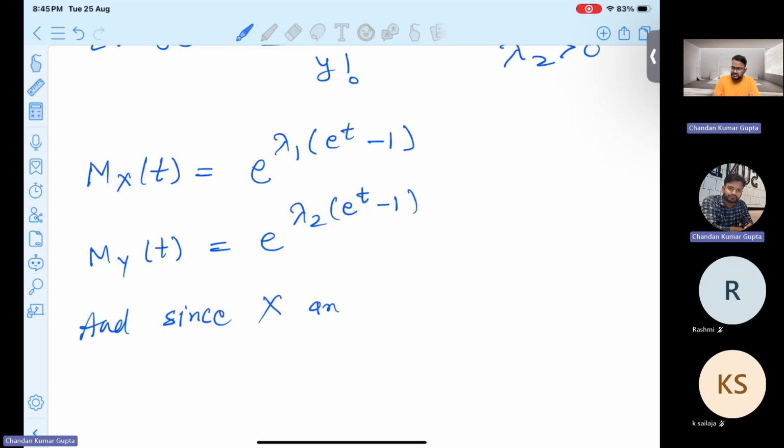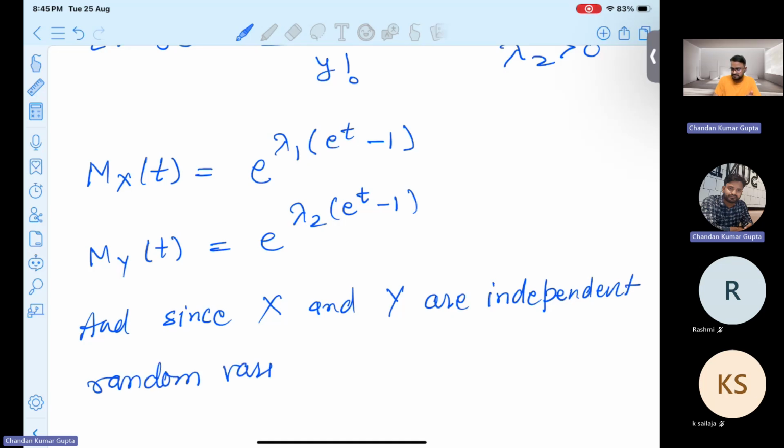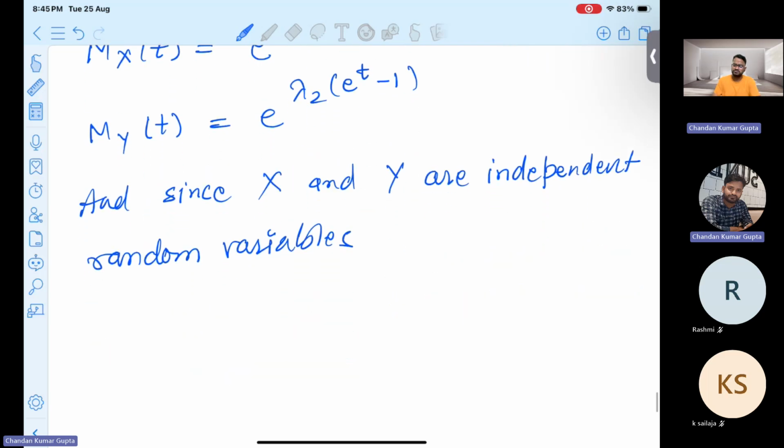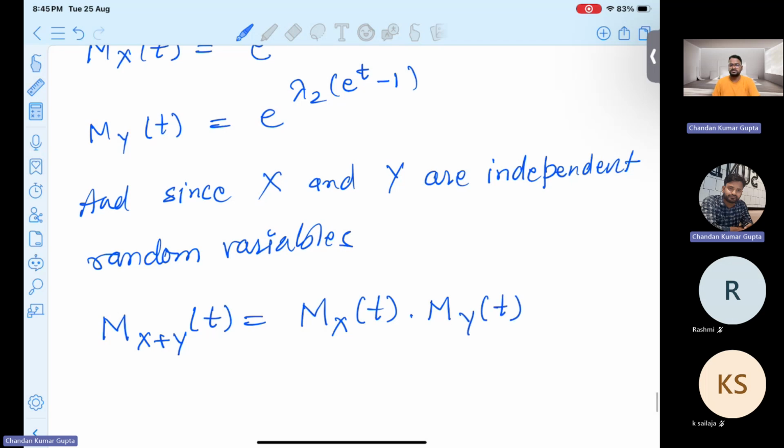Since X and Y are independent random variables, that means M of X plus Y at t can be written as M_X(t) into M_Y(t).